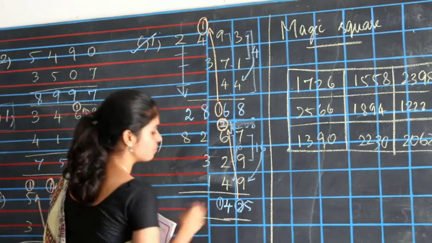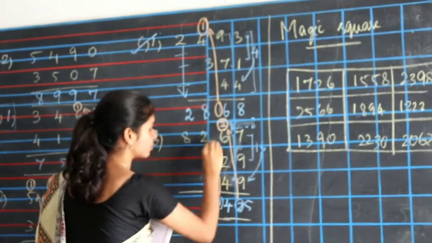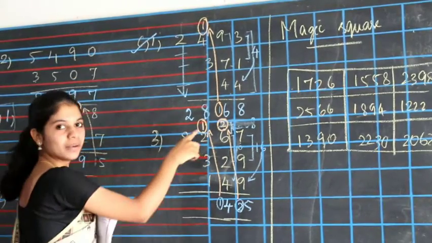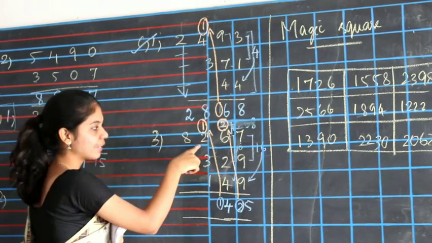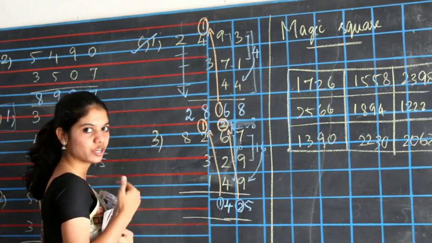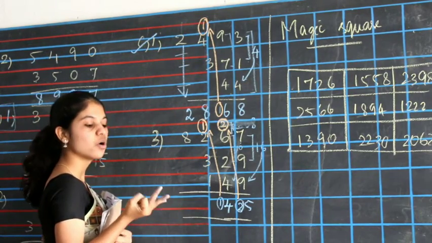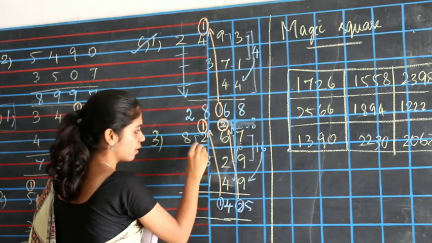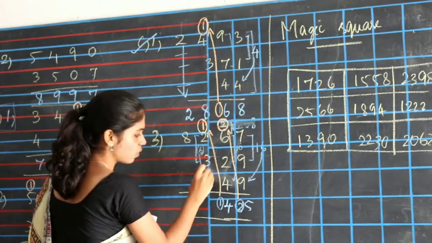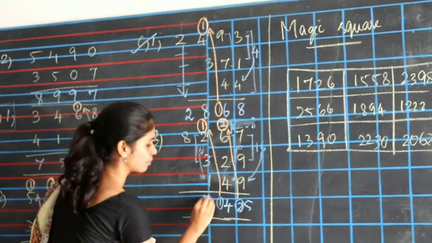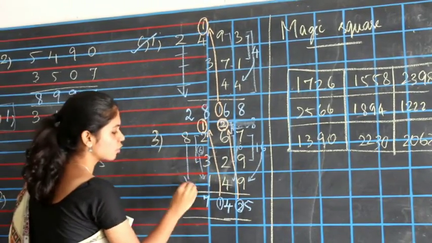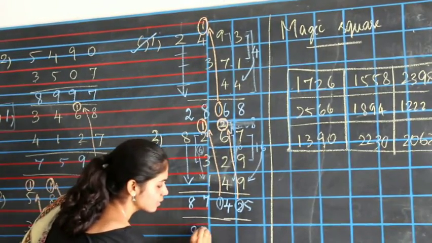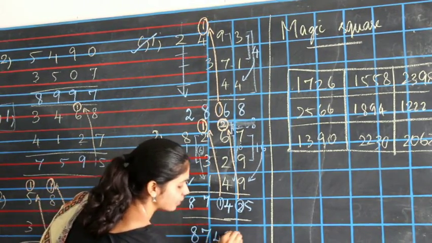So 1 again will be your carry. 1 plus 2 will be 3 and then 3 plus 3 will be 3 in your mind, 3 in your fingers. 3, after 4, 5, 6. 6 here. And then 6 plus 1 will be 7. 8 you can write as it is. So your answer will be 8, 7, 4 and 5.